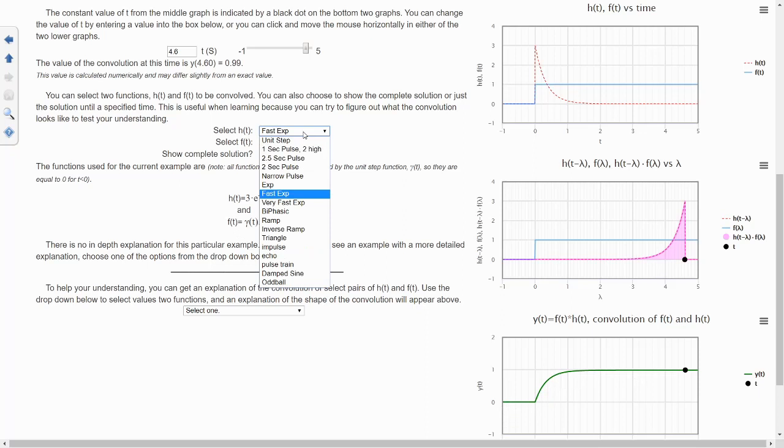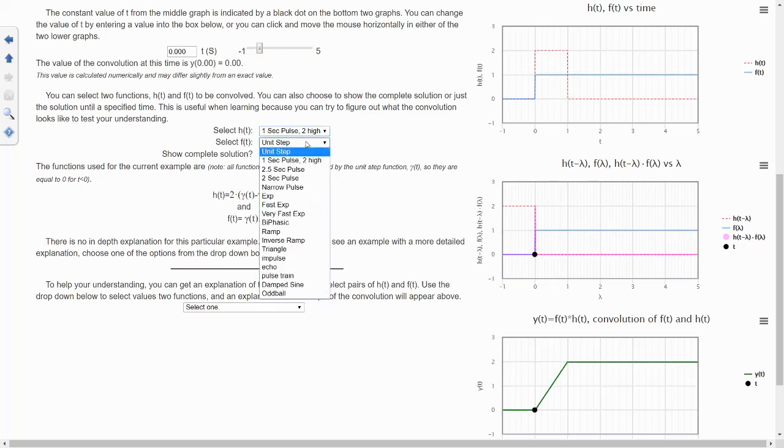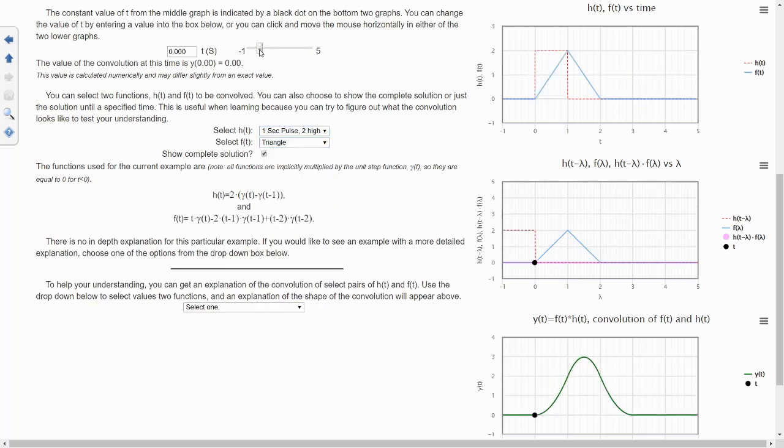Another example that you can try out with this demo is where we take the convolution of a triangle pulse with a rectangular pulse.